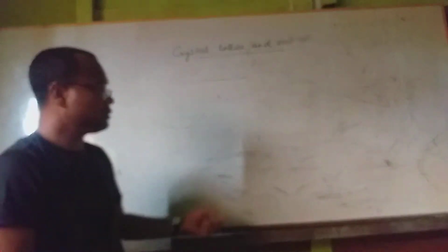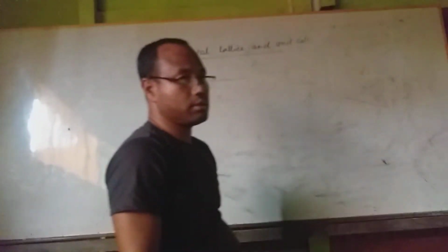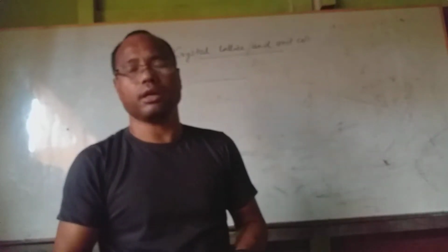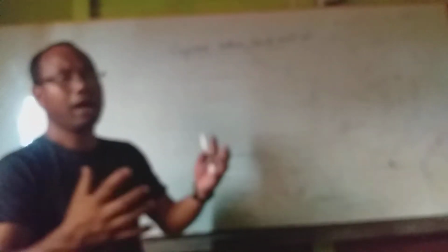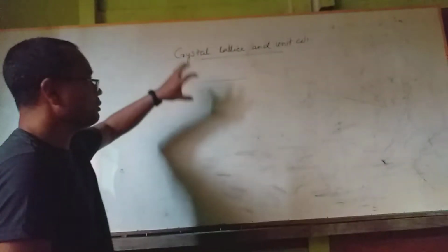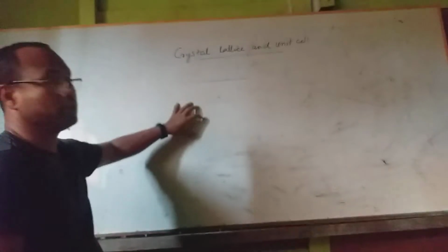What is the importance of this crystal lattice and unit cell? In order to construct the crystalline solid, or how the crystalline solids are constructed, these two important terms we must understand very clearly.